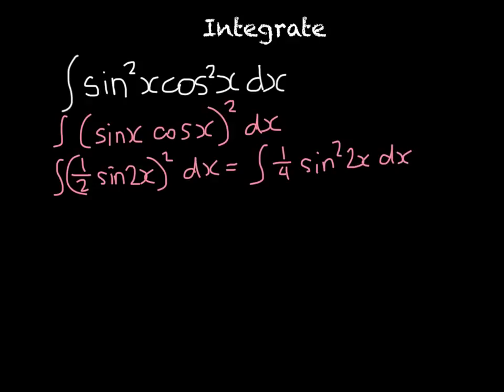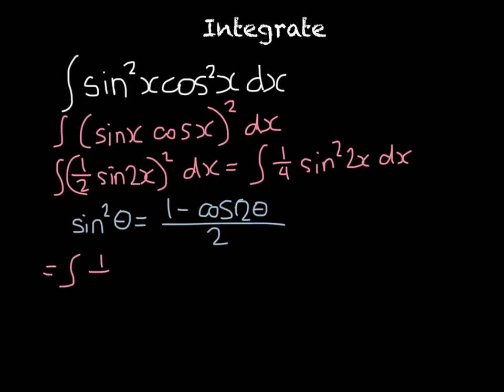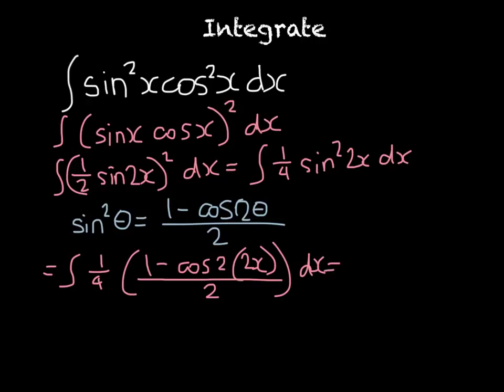At this point, we will recall the trig identity that says sine squared theta equals 1 minus cosine 2 theta over 2. So we can apply that here, rewriting our integral as 1/4 times 1 minus cosine 2 times 2x over 2 dx, which simplified is 1/8 times 1 minus cosine 4x dx.